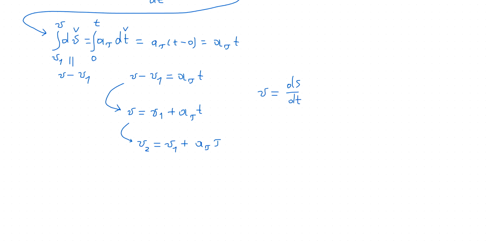So from here and here, we have that ds by dt is equal to v1 plus a tau multiplied by t. We have one more differential equation, and it is necessary to solve this to get the dependence of path length on time.